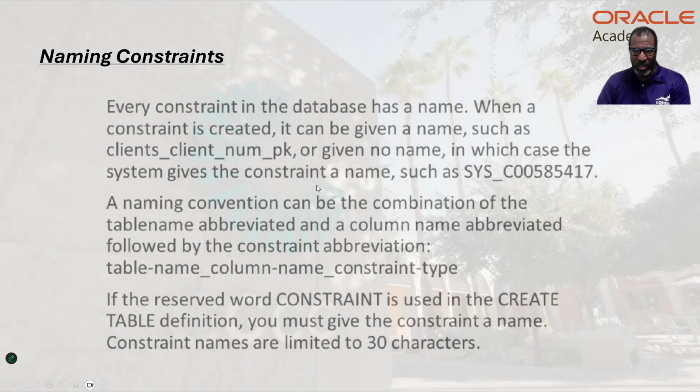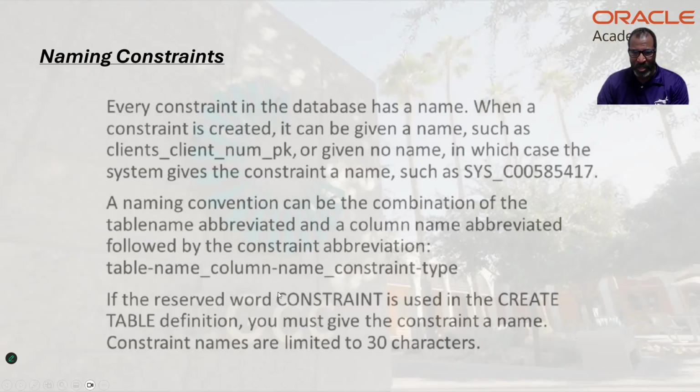So we just named this one, and remember this naming convention: table, column, type of constraint, client number. Please, as much as possible, follow that naming convention when you're creating your constraints.